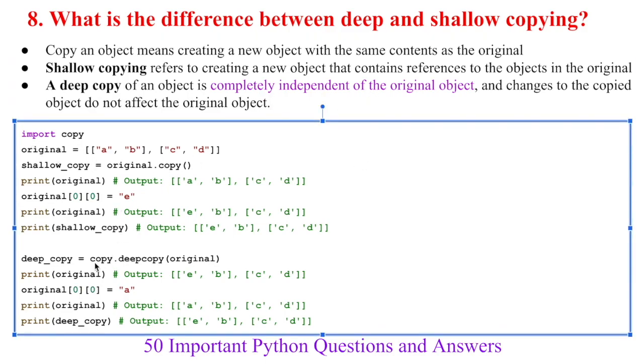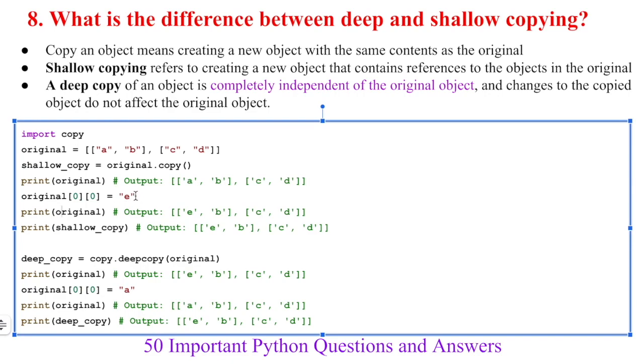So here in this example code, the original object is a nested list containing two sublists, A B and C D. The shallow copy of the original list creates a new list that contains references to the same sublists as the original. When a value in one sublist is changed, it affects both the original and the shallow copy because they both refer to the same sublist.